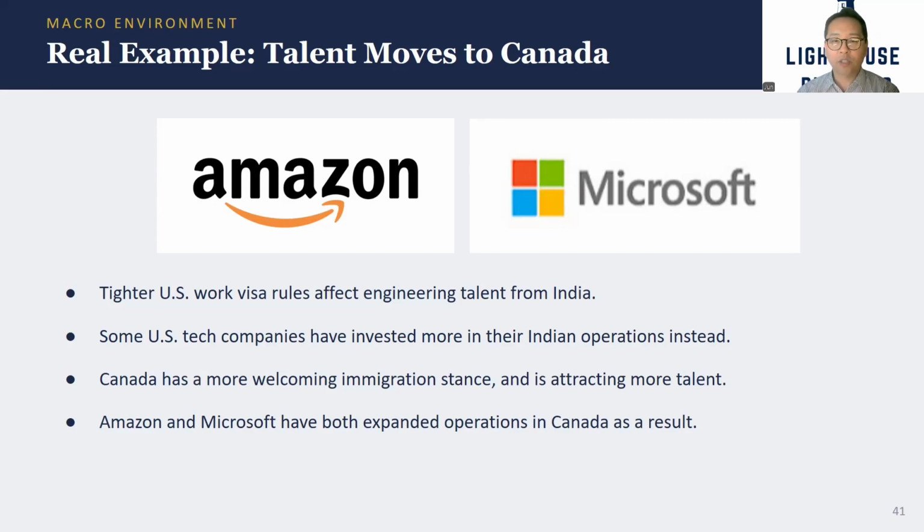Companies such as Amazon and Microsoft, both of which depend heavily on high technology engineering talent from around the world, have expanded their operations in Canada rather than trying to bring that same talent into the United States. This is a powerful current example of how shifts in national immigration policy ripple directly into corporate location and staffing decisions.